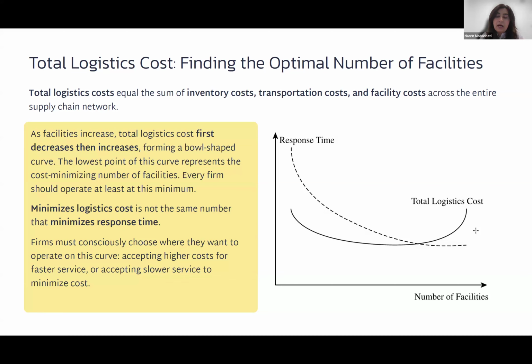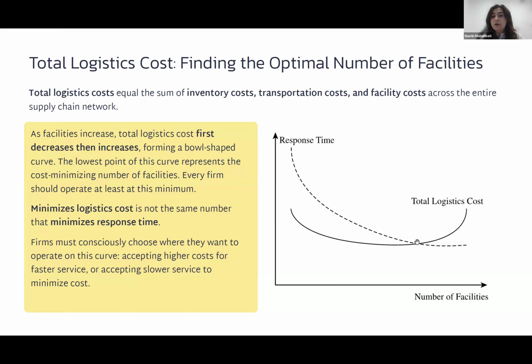So for example, again, Amazon, because they wanted to be the most responsive business out there, they decided to add cost to the system in return for being very responsive. Right? So there is a trade-off here. What customer values versus cost and how we want to balance it.